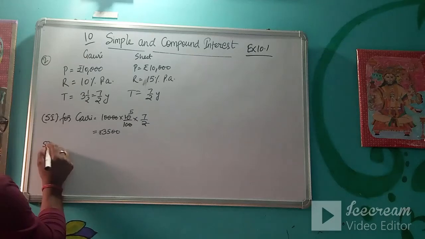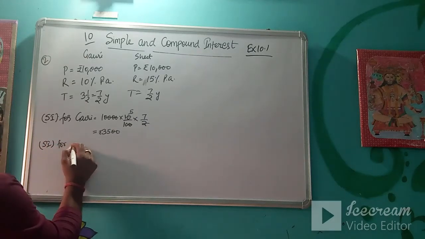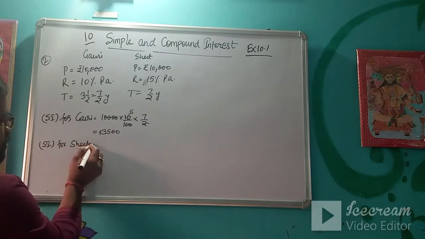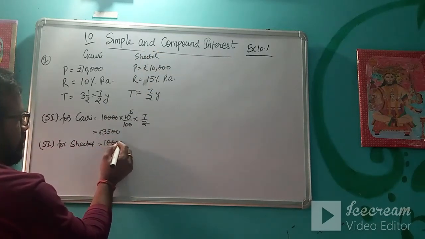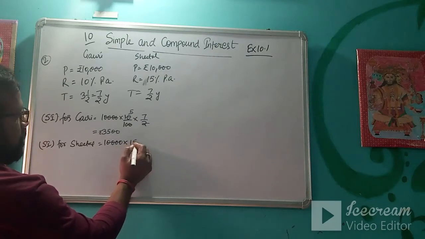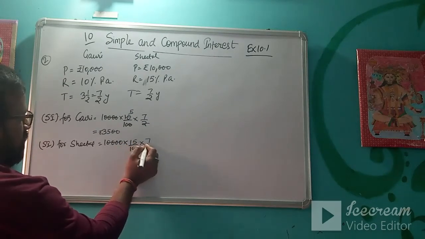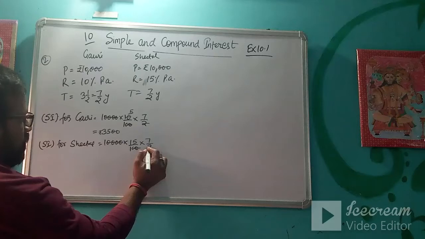Then we will calculate simple interest for Sheetal. 15/100 into 7/2.